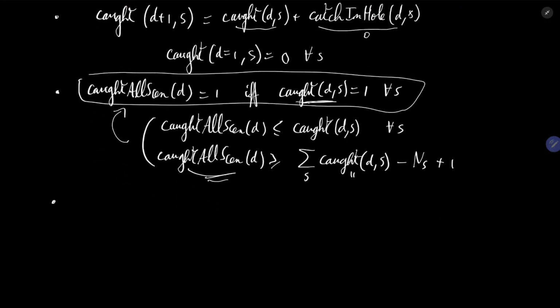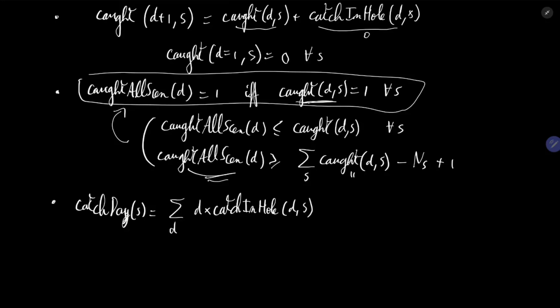Now let's go to the two last equations. So one equation is about the catch day for a given scenario. So this catch day of a given scenario is going to give the day index in which we catch the fox. So the way we can define this equation is as a sum over all the d of d multiplied by catch in hole ds.